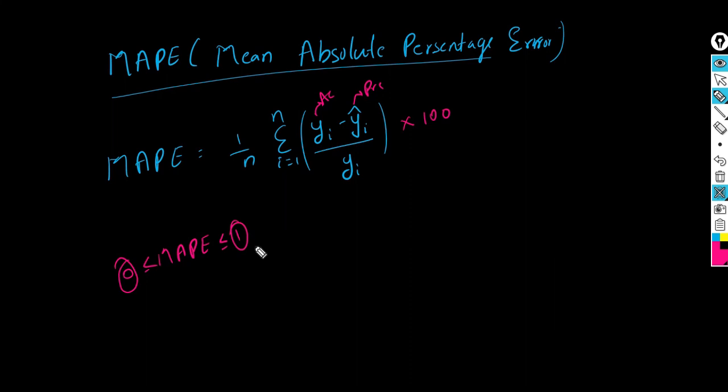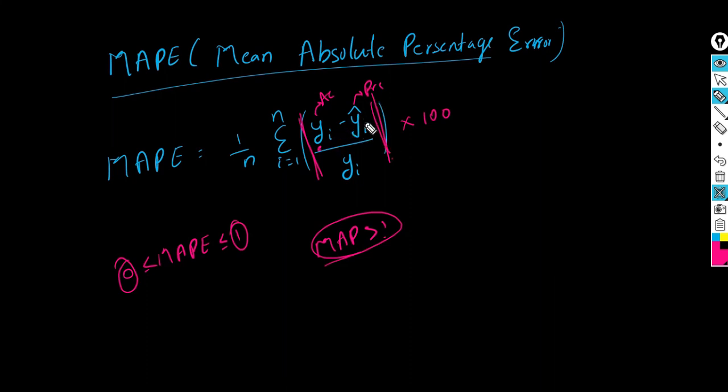There are some scenarios where we also get a MAPE score greater than 1. The scenario is like this: if the actual value is low and the predicted value is very high. We have to take the absolute value here.